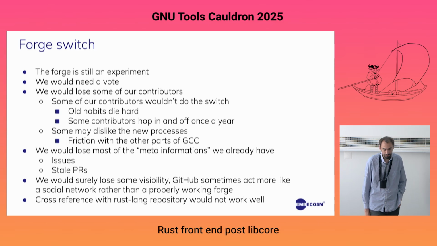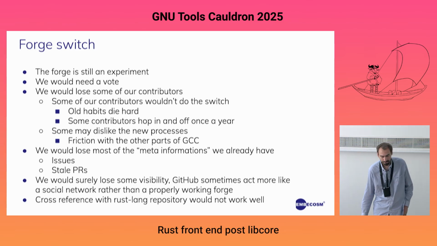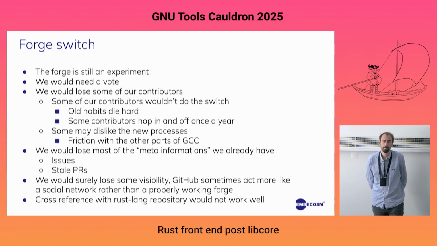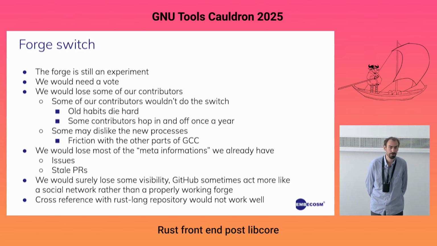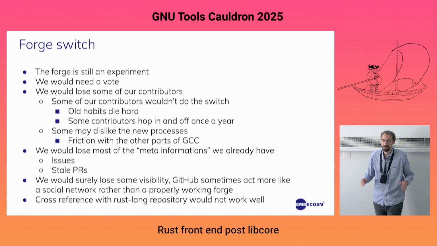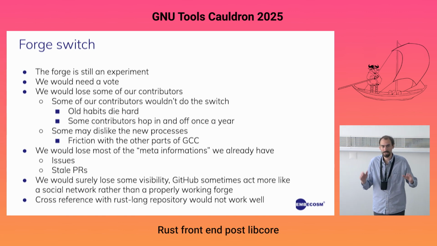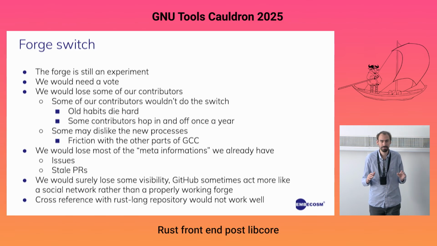And also, some may dislike the new processes. Some people told us that, and I'm one of those people, that it may cause friction with contributors. As I said, some of our contributors are very inexperienced, and I fear a little that, let's consider the Forge is working and has been working for a few years, okay?